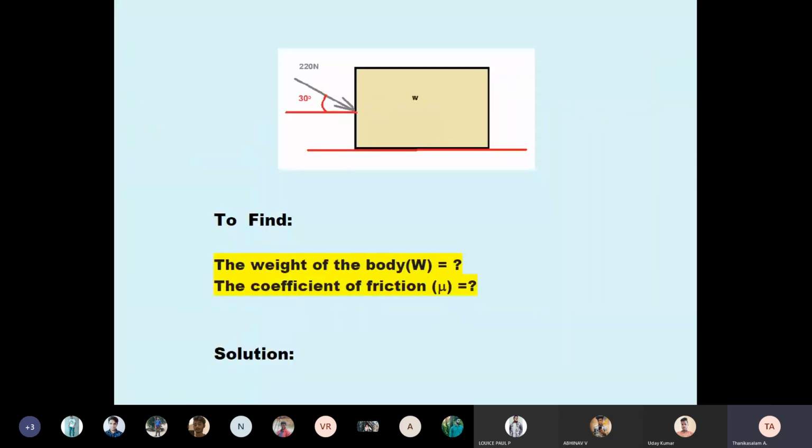So the same body, they are pulling 180 Newton at 30 degree with respect to the horizontal. The other, same body, with respect to horizontal, pushing. Pushing means see the arrow mark first. If the angle is not given, you can directly take it horizontal. Here, pushing 220, the angle given is 30 degree.